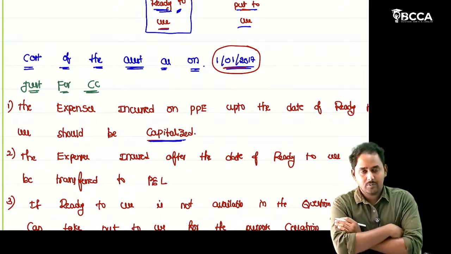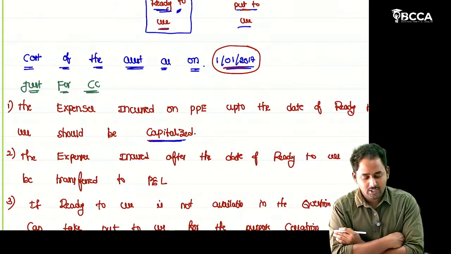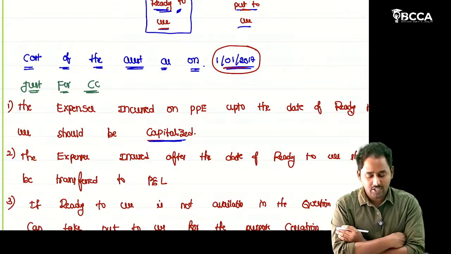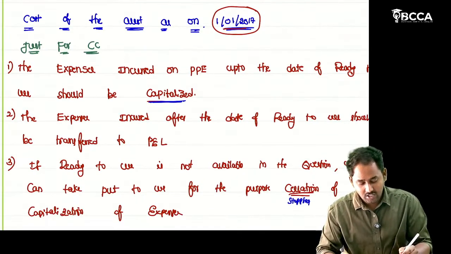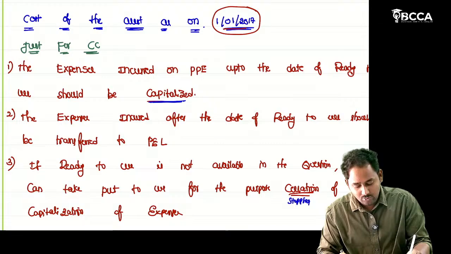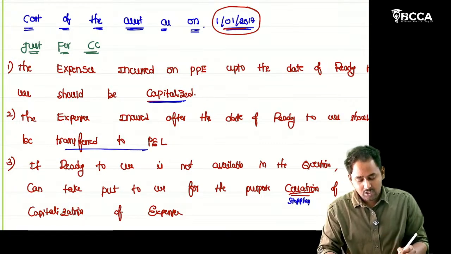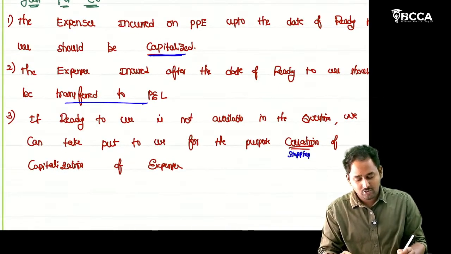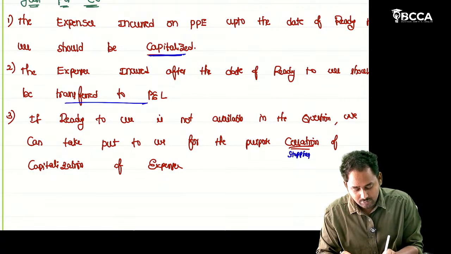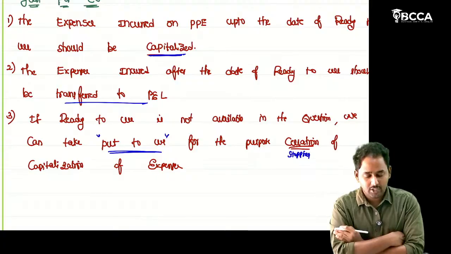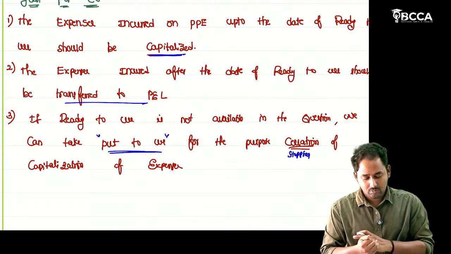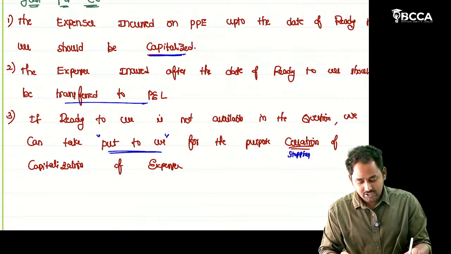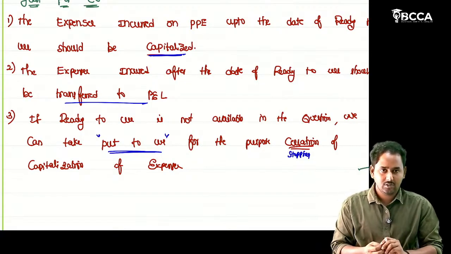And the expenses incurred after the date of ready to use should be transferred to P&L. If ready to use is not available in the question, we can take put to use also, for the purpose of cessation of the capitalization of the expenses.